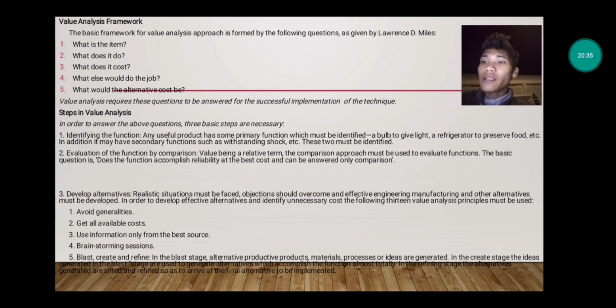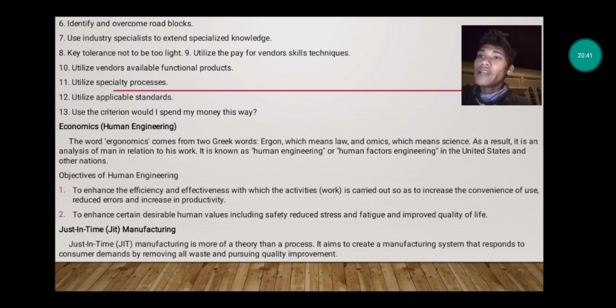Fifth, create and refine. Sixth, identify and overcome roadblocks. Seventh, use an industry specialist to extend specialized knowledge.